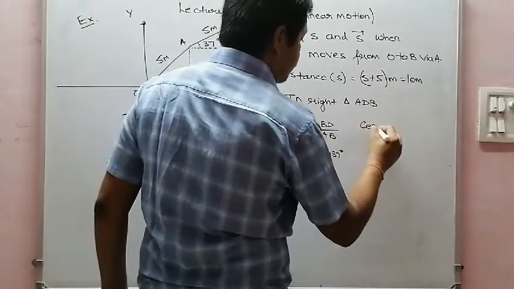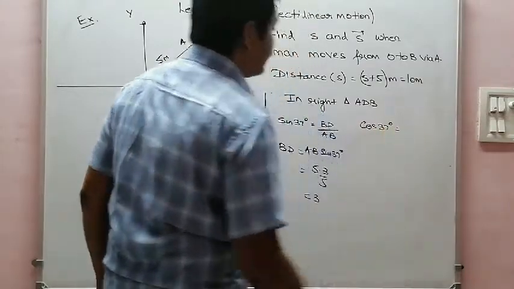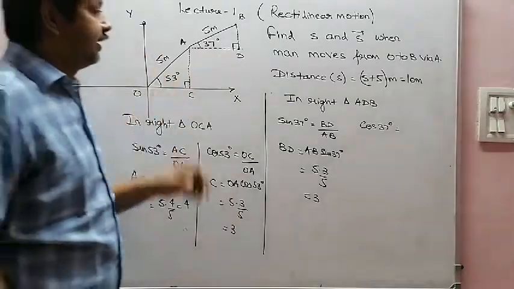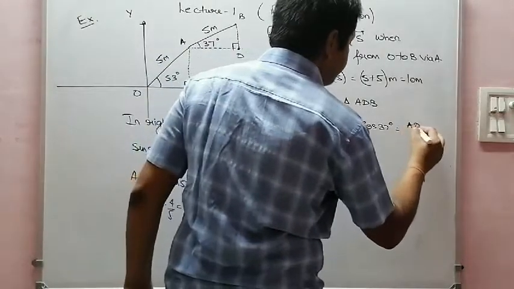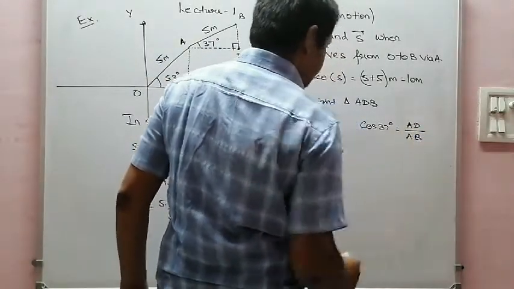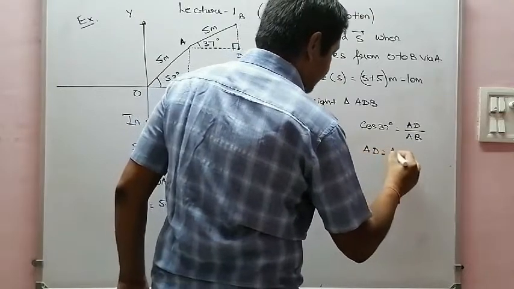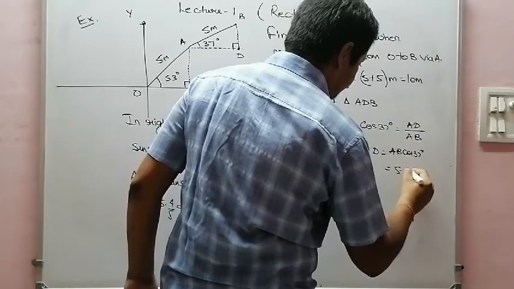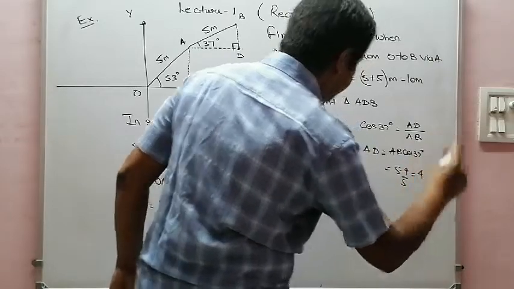Similarly, cos 37 degree in right triangle ADB is base by hypotenuse, that is AD by AB. So AD becomes AB cos 37 degree, that is 5 into 4 by 5, that is 4.